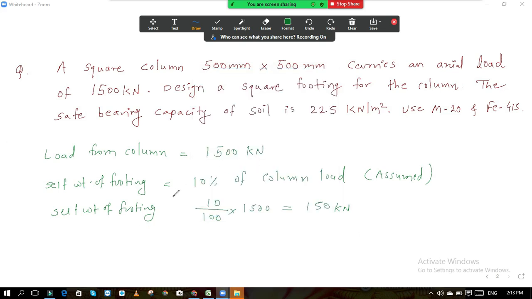So now calculate the total load. It is 1500 plus 150. How much is the total load?